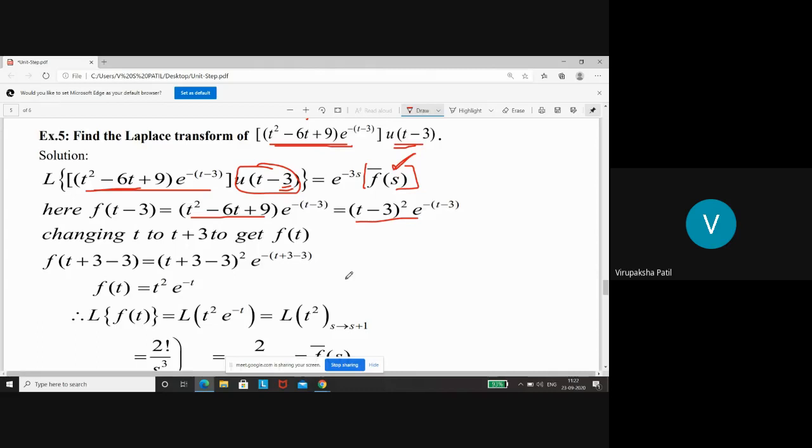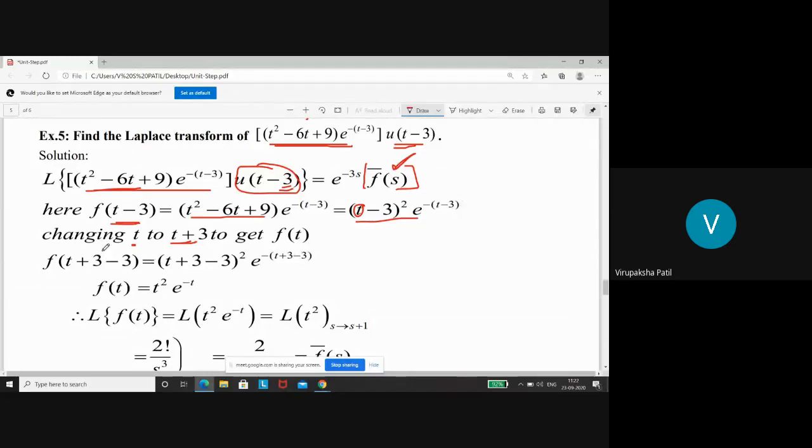Is that clear? So here it is f of t minus 3. So I want to make it f of t. For that purpose, wherever t is there, we will change t to t plus 3. So what happens? f of t plus 3 minus 3 is equal to, wherever t is there, I will write t plus 3. (t plus 3 minus 3) whole square e to the power minus of (t plus 3 minus 3).